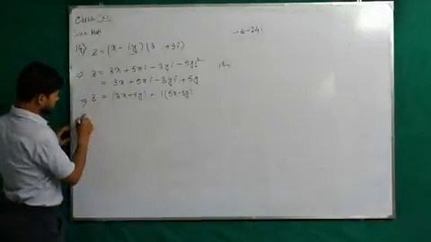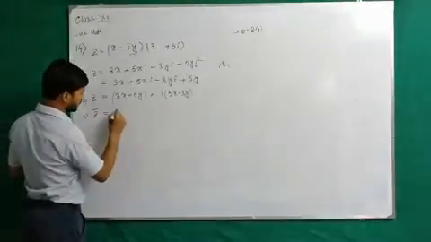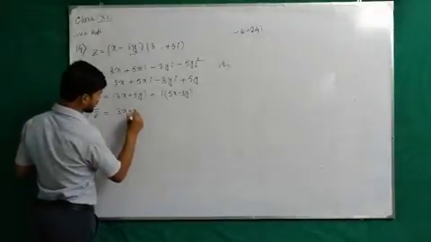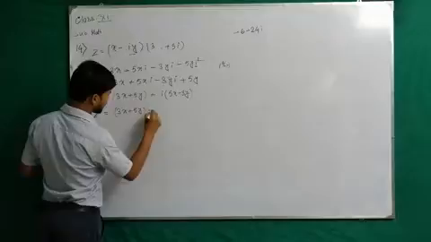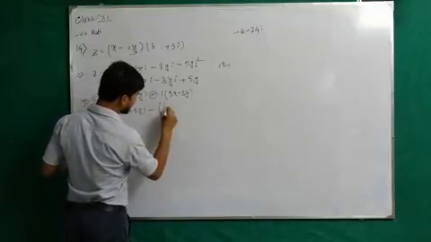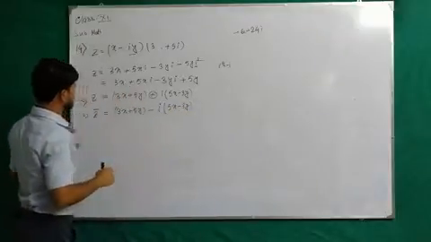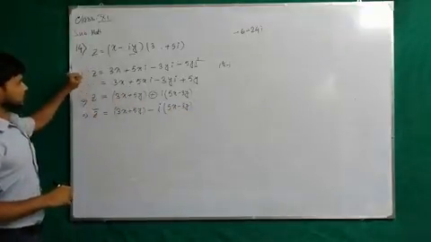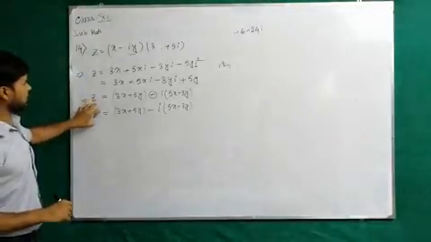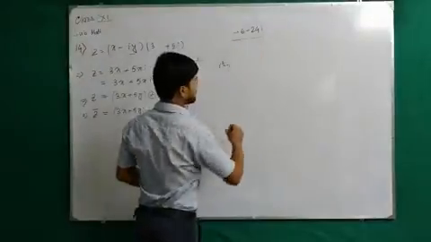Now calculate its conjugate, z bar. So z bar will be 3x plus 5y, and this plus will be converted into minus, minus i into (5x minus 3y). So this is the complex conjugate of the given number, and it is given that the complex conjugate of the given number is equal to this.